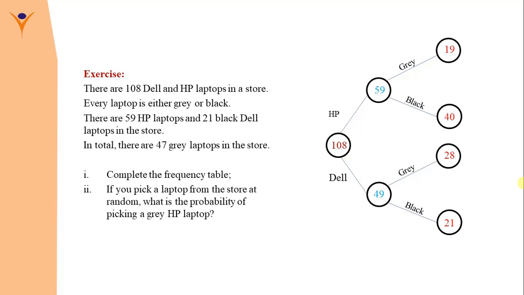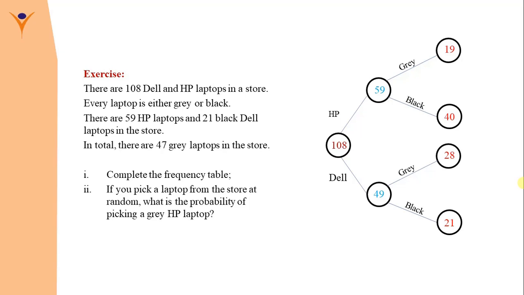Congratulations if you did. Now let's go to the second question. It says if you pick a laptop from the store at random, what is the probability of picking a gray HP laptop? Now for you to pick a gray HP laptop, there are 19 possibilities because 19 gray laptops are HP. But then we're picking a laptop from the store at random.